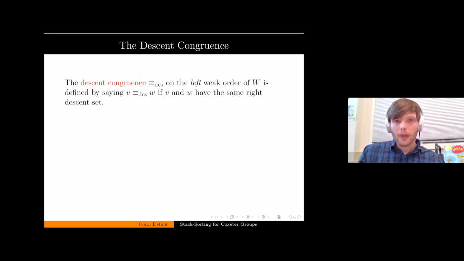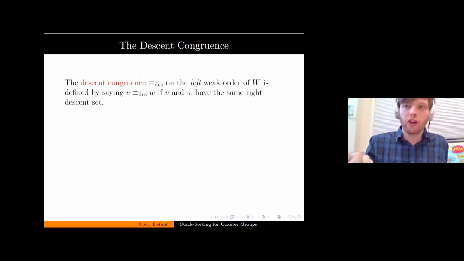Okay. So I want to give a couple examples of these congruences. The first will be the descent congruence, which is defined on the left weak order of an arbitrary Coxeter group. I'll denote it by this equiv sub des symbol here. So two elements of W will be equivalent in the descent congruence if they have the same set of right descents.